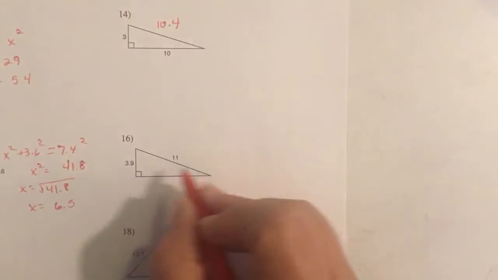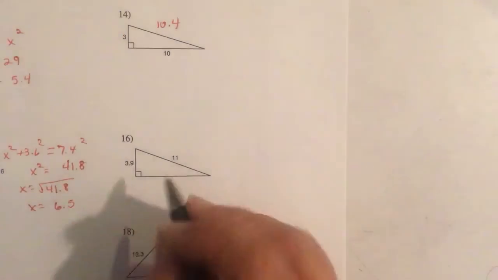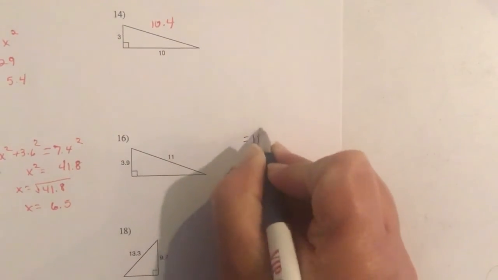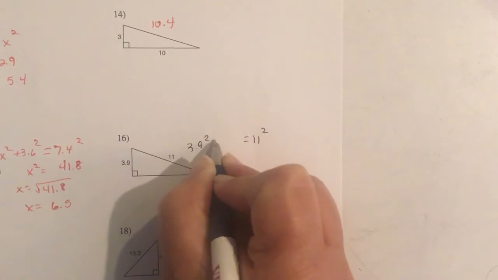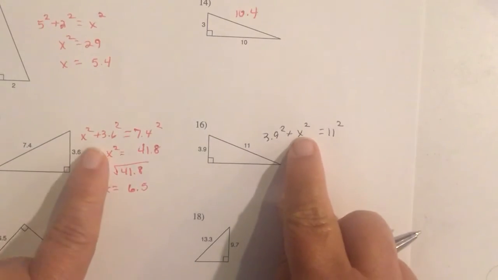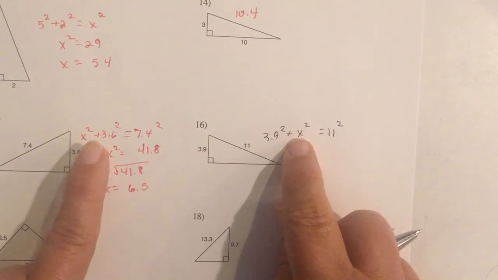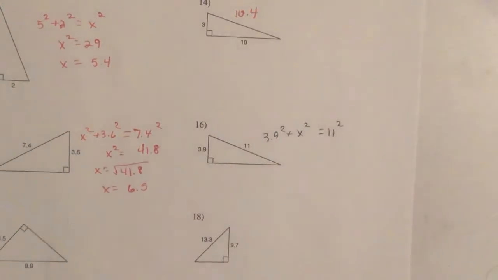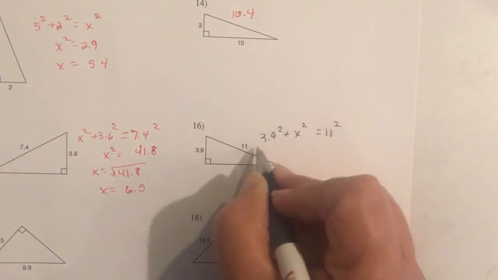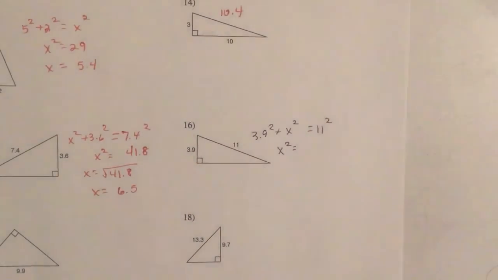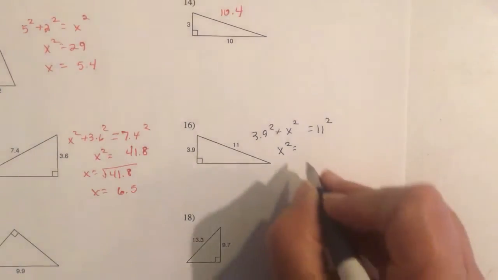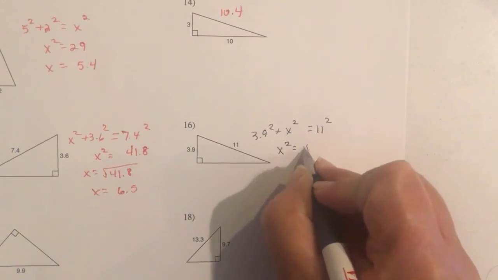Number 16, the longest side across from the 90 is what it's going to equal, 11 squared. 3.9 squared plus the variable squared. Notice it doesn't make any difference whether you put the variable first in the A spot or second in the B spot. What matters is the fact that it's a subtraction, not an addition, because they are on opposite sides. 11 squared subtract 3.9 squared is going to give you 105.79.